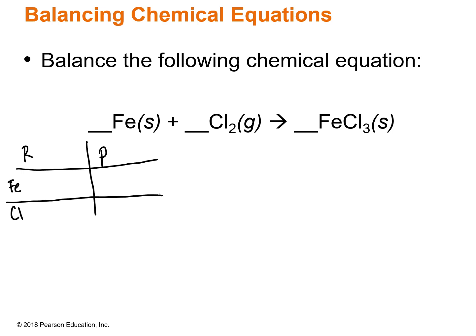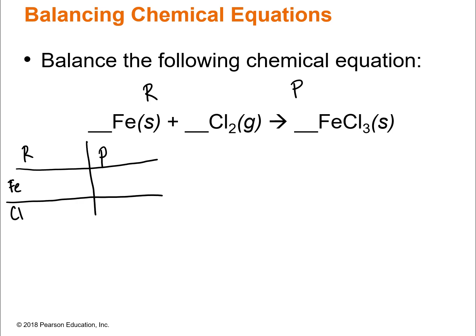I've only got 2 atoms, iron and chlorine. On the reactant side, I just label them R and P. You can label them however you want, but just make sure that you know what your labeling system is.